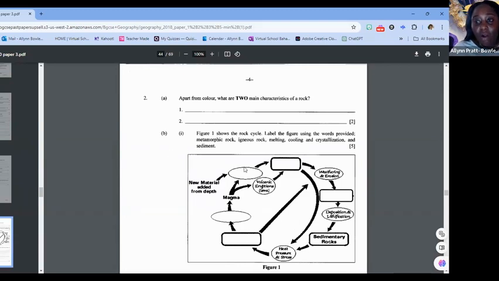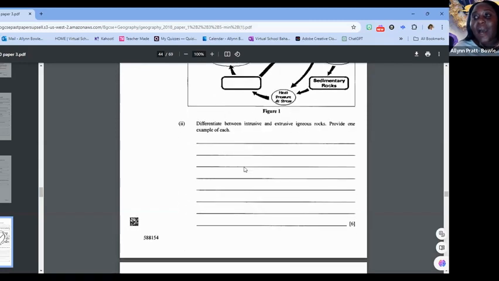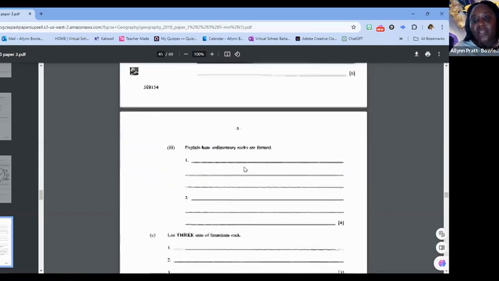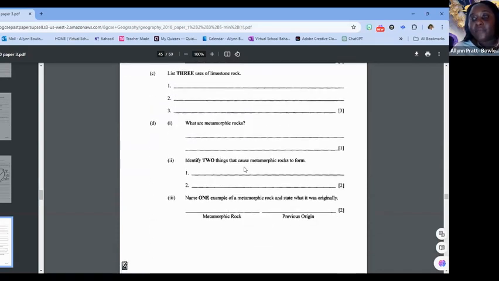It's still going to be on rocks, but this one is going to be a more challenging question. The level of points to the question is more, and the point values are more. So this question is worth 25 points, versus in the paper 2, the same question was worth 20 points.